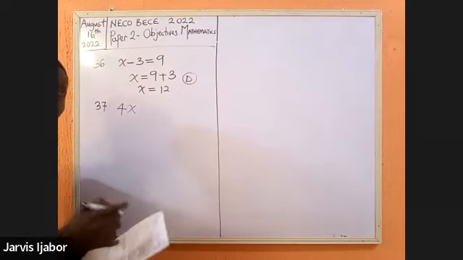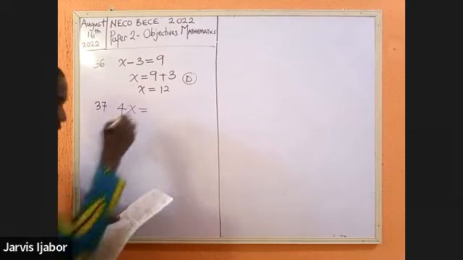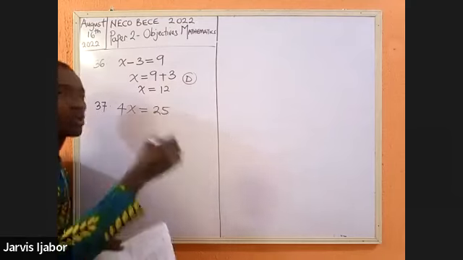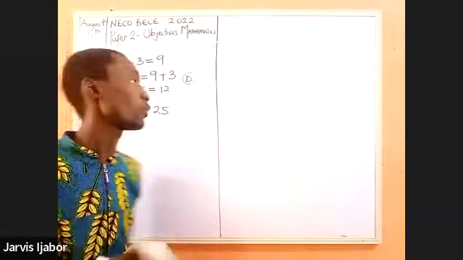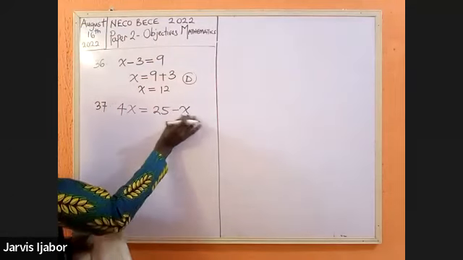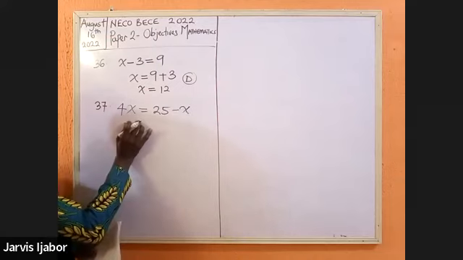So the product means 4 times x is equal to the number subtracted from 25. Now, when it says subtracted from, it means that the bigger number is 25, and what I'm subtracting will be what? X. So what would this give me? I don't need x on this side, and because x is negative, it crosses equality, becomes what?